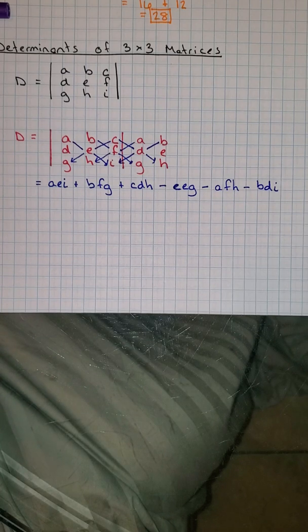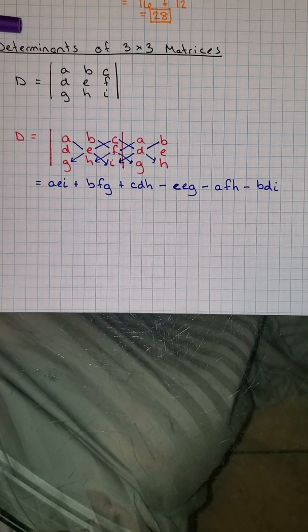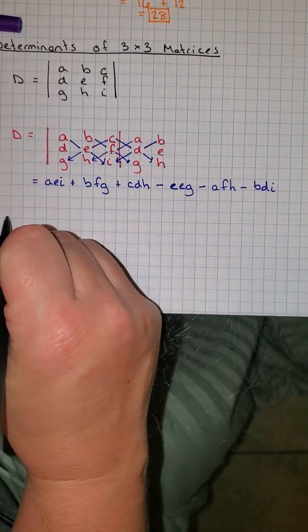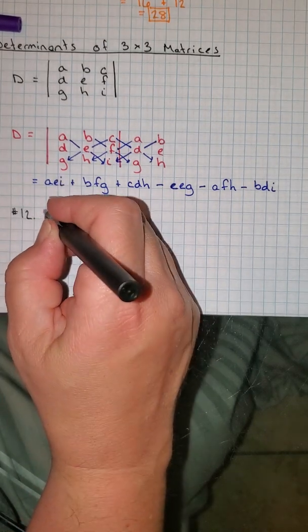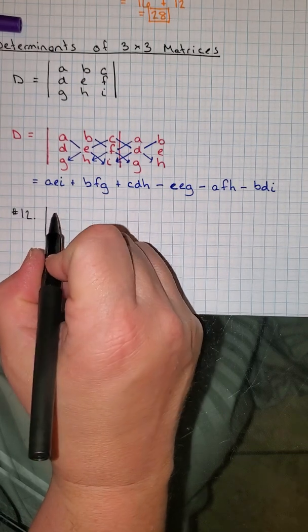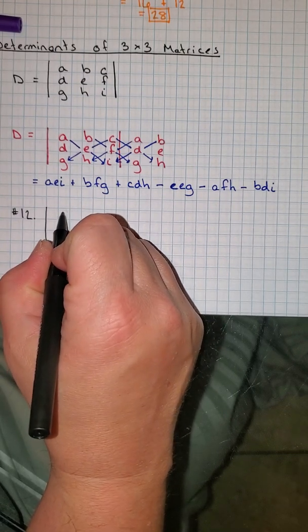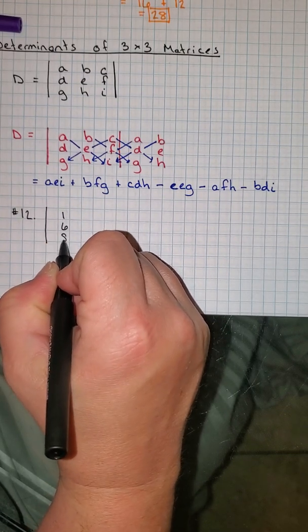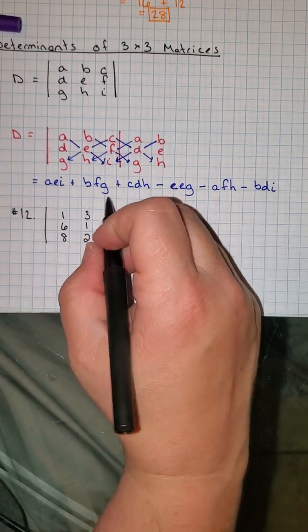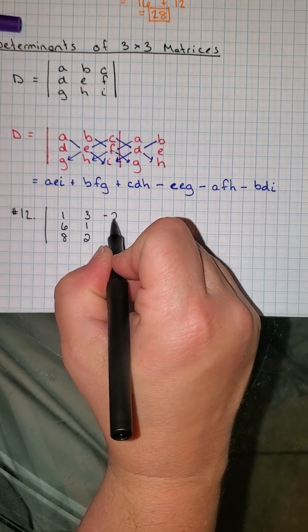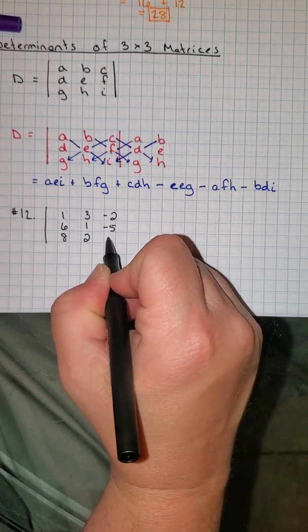So looking at number 12. We're supposed to find the determinant of a matrix that starts 1, 6, 8, and then 3, 1, 2 is the next column, and the last column is -2, -5, and 3.